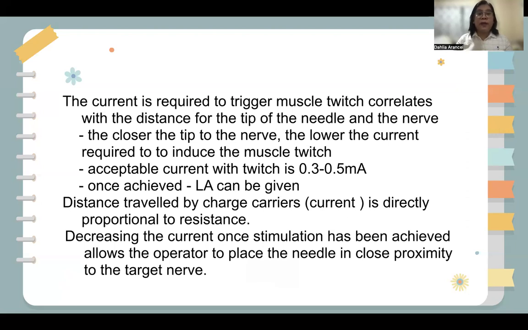Distance traveled by the charge carriers, and that is the current, is directly proportional to resistance, and decreasing the current once stimulation has been achieved allows the operator to place the needle in close proximity to the target nerve.